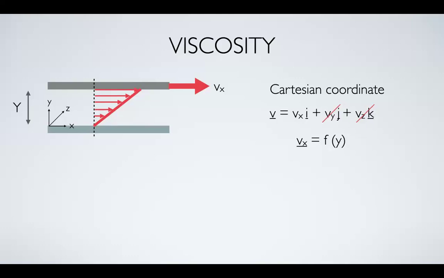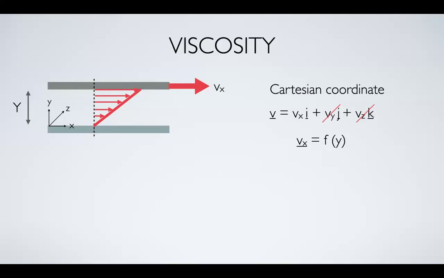We normally get only Vx or Vy or Vz, just one out of three, okay? But in some cases, there will be more than one, okay? Depending on how complicated it is.